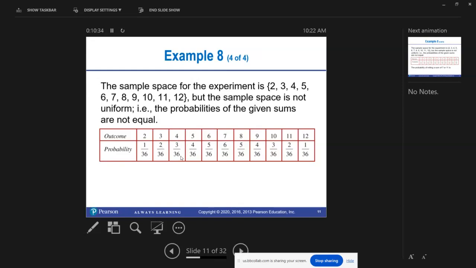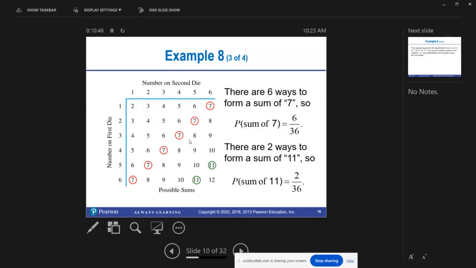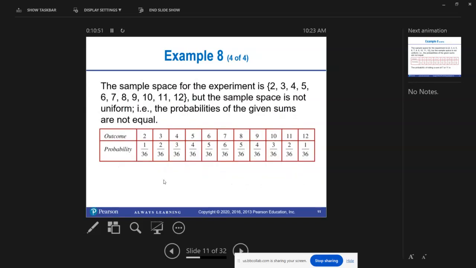For 4, it's 3 out of 36, and so on. So all of these out of 36s just represent how many sums of the above number you have. So for 9, when I look back here, there's 1, 2, 3, 4, so that would be 4 over 36. We already figured out the 11 was 2 out of 36 and the 7 was 6 out of 36. So that's where that came from.